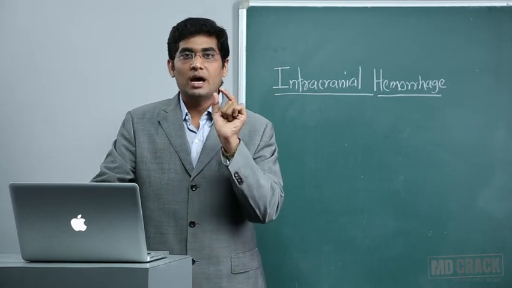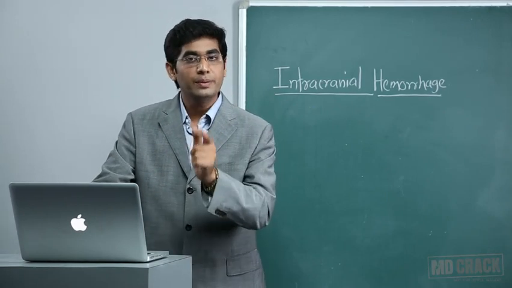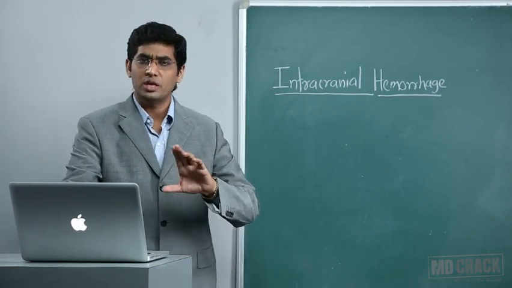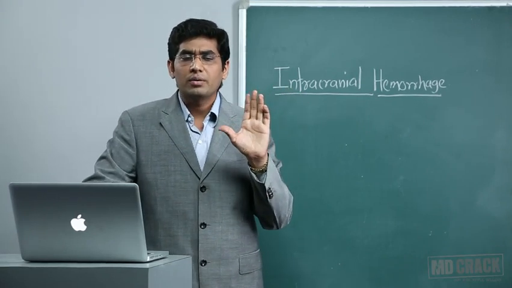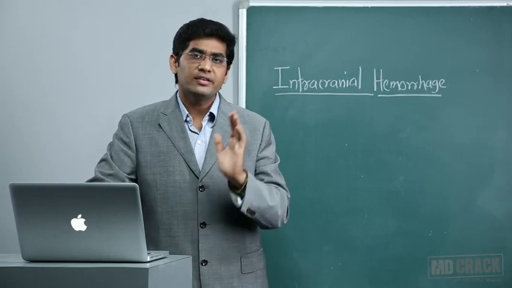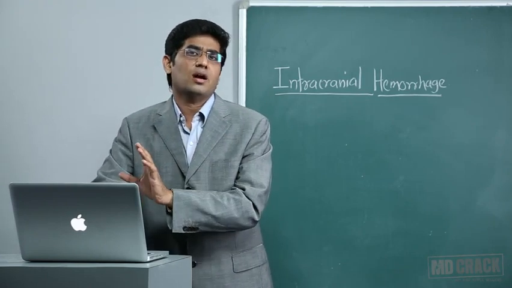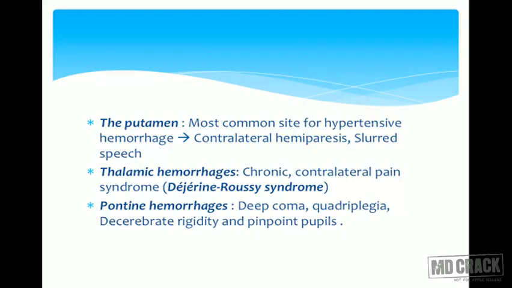So that will be a pinpoint pupil, and you should immediately think that this patient might be having pontine hemorrhage. Because of involvement of the reticular system, this patient will have deep coma and decerebrate rigidity.